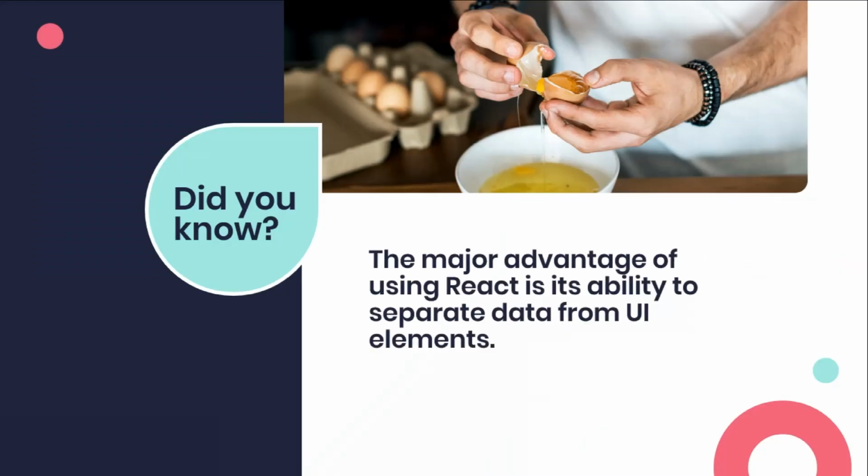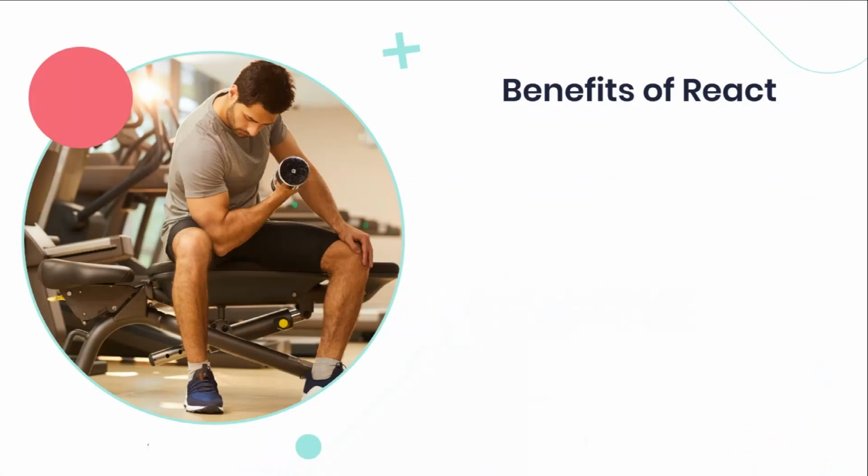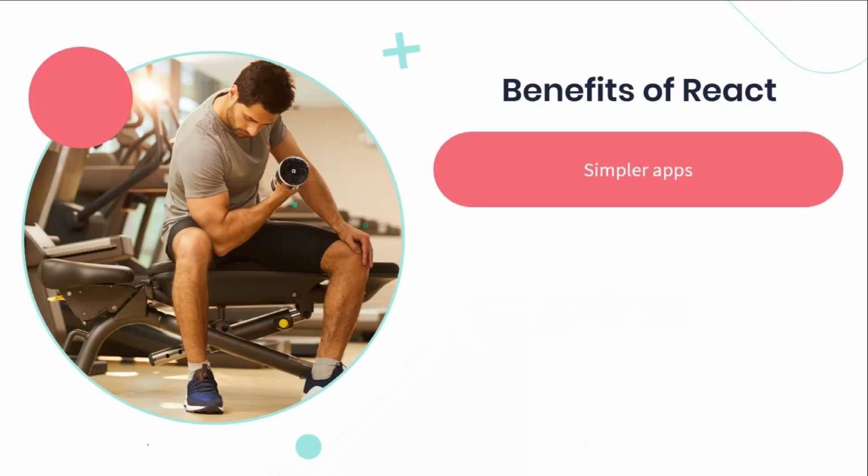The major advantage of using React is its ability to separate data from UI elements. Some of the more obvious benefits of React include its compatibility with simpler apps. React has a CBA with pure JavaScript, a declarative style, and powerful developer-friendly DOM abstractions. Not just DOM, but also iOS, Android, and so on.